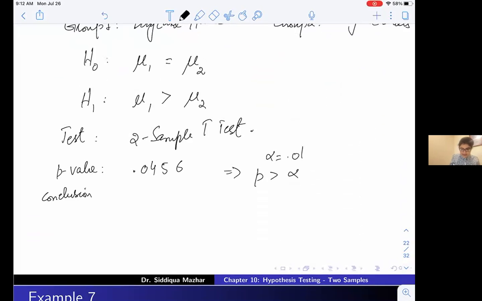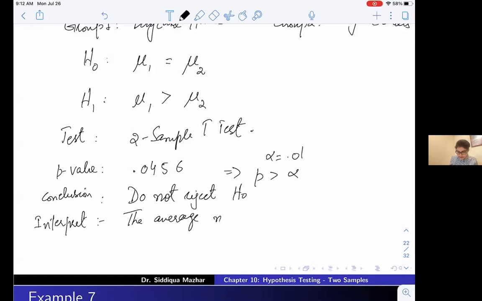If my p-value is greater than alpha, it means we do not reject the null hypothesis. If we do not reject the null hypothesis, what does it mean? The word close is very important here: it means that the average number of daycare homes is close to the average number of daycare centers. This is my interpretation.